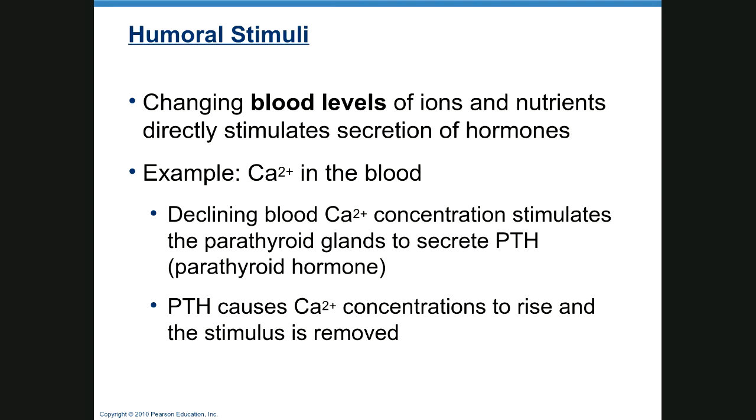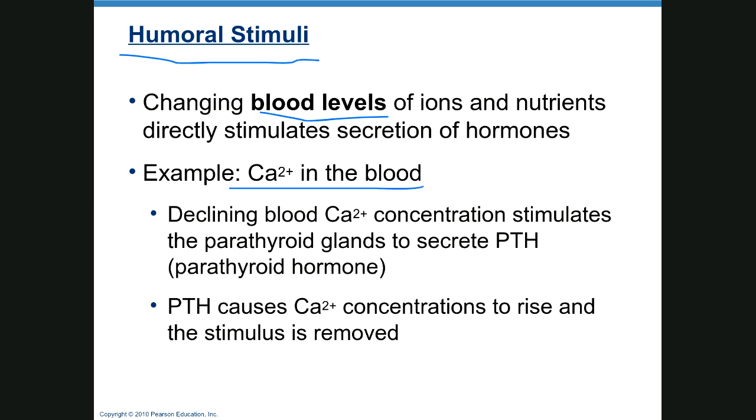Now, humoral: the word humors comes from the ancient Greeks, and they talked about the body humors. They had 4 humors, bodily fluids they thought made you feel happy, sad, whatever. And so anything in the bloodstream, bodily fluids basically, blood levels, we refer to as humoral. An example of this is calcium level in the blood.